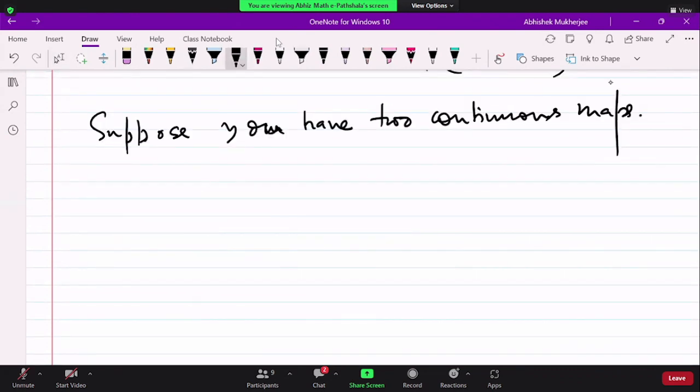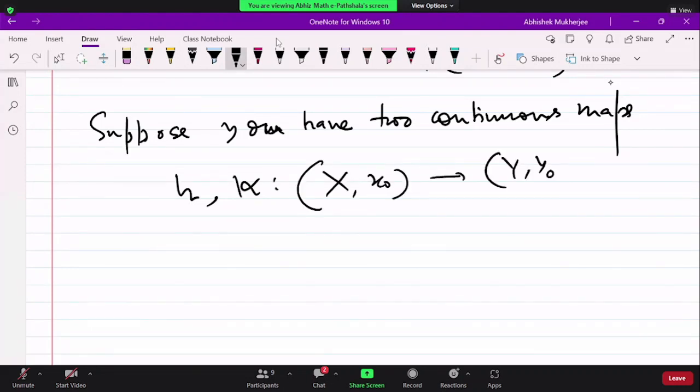Let it be capital H, small h, and small k from the space X to the space Y, keeping in mind that H of X naught will be mapped to Y naught and K of X naught will be mapped to Y naught. Okay.